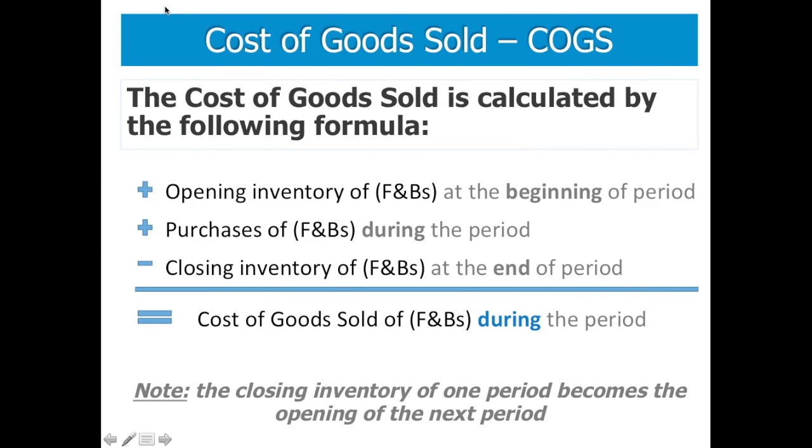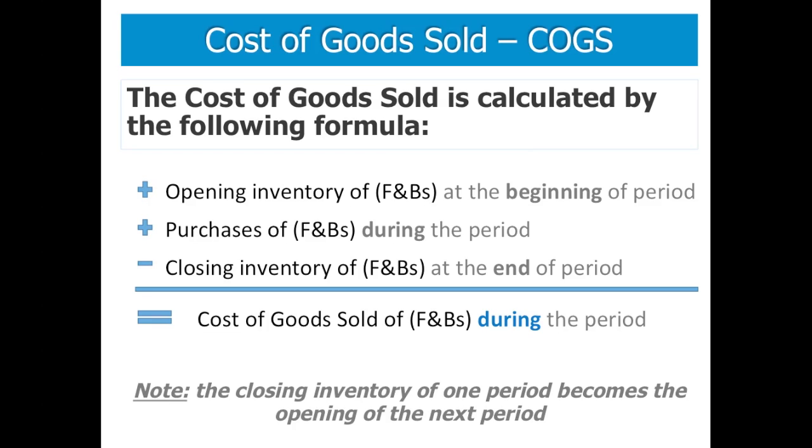A very popular way to calculate the cost of goods sold is based on this formula that you see here. What you need to know is the value of the opening inventory at the beginning of the period. Here I have included foods and beverages, which is a very easy and clear example to understand the cost of goods sold.